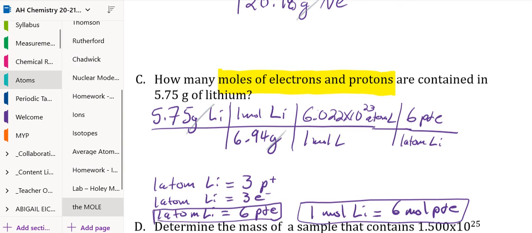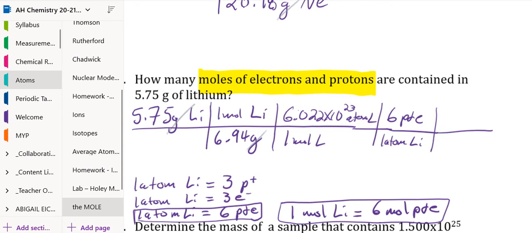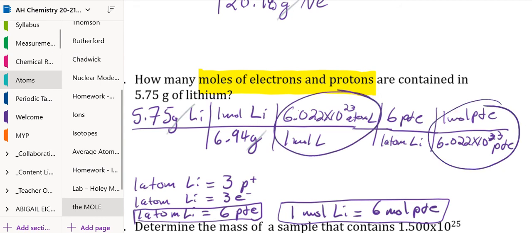If I stopped here, though, I would have the total number of protons and electrons. But I want the moles of protons and electrons. So then I would need to divide by Avogadro's number again. So 1 mole of protons and electrons is equal to 6.022 times 10 to the 23rd protons. So do you see how I multiply by Avogadro's number and then divide by it?